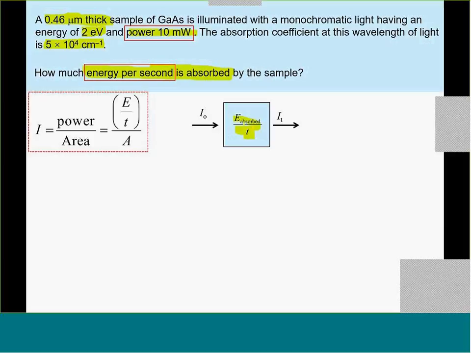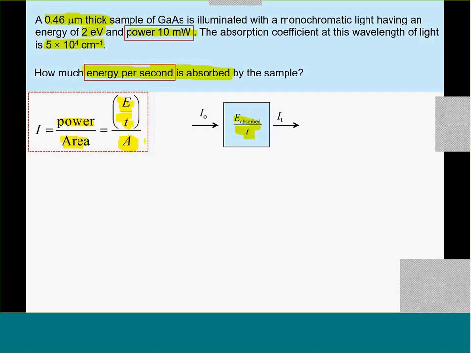But the thing is, what is the relationship between power and intensity? Intensity is equal to power over area. And we know that power is essentially energy over time. So, what about the area? Area is not being given anywhere, isn't it?